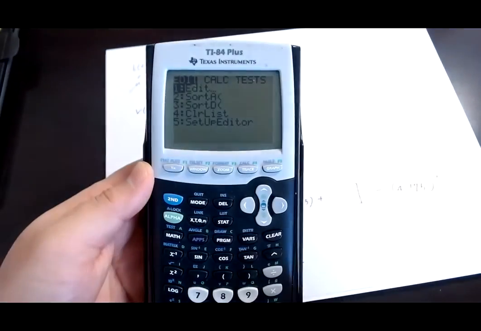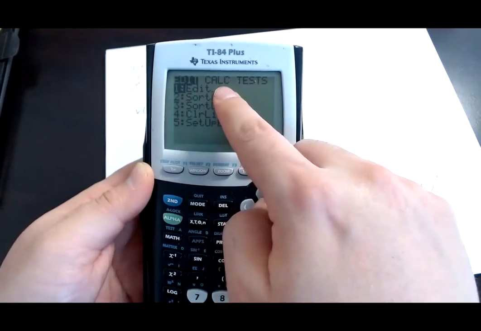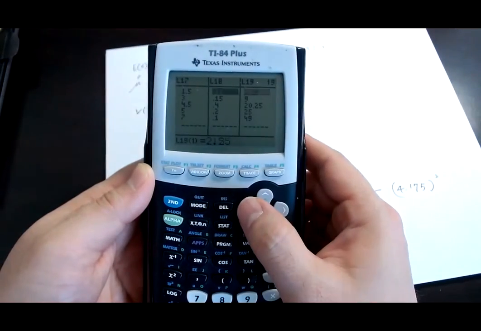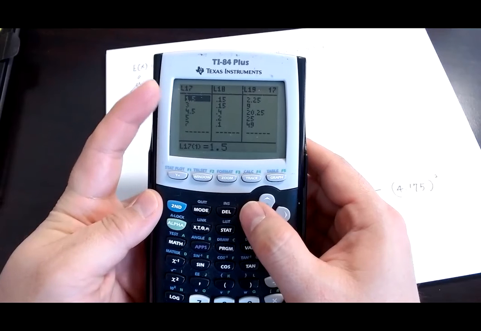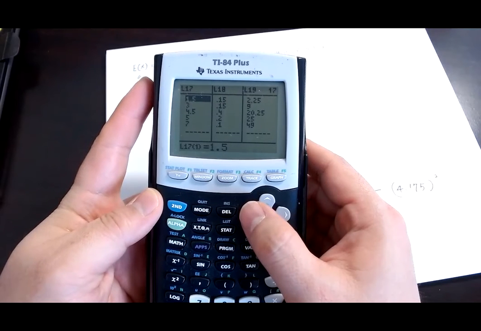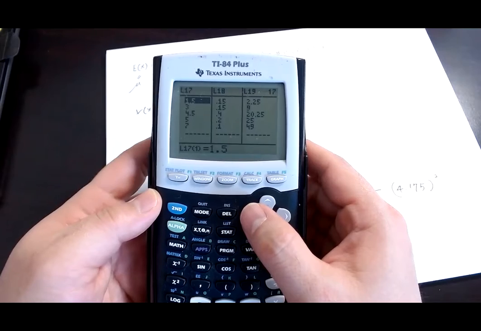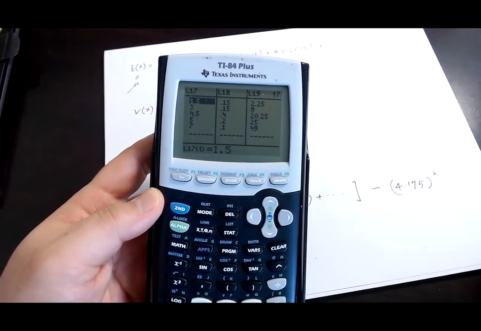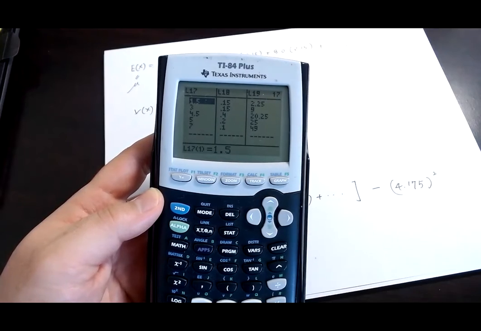You see the edit, right? By the way, in STAT there are three tabs: edit, calculate, and test. So we go to edit. Then we're going to enter the values in L1. Most of you in your calculator have only 6 columns, L1 through L6, but you can create more columns.